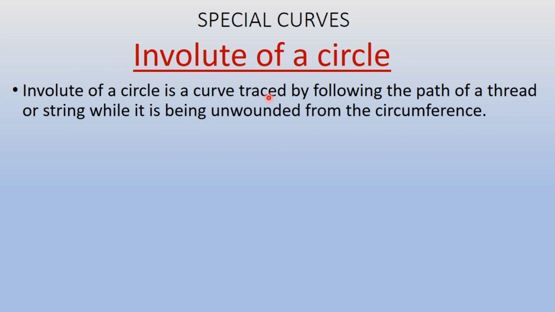So involute of a circle is a curve traced by the path of a thread or string while it is being unwound from the circumference. Imagine a circle and imagine one thread which has been wound over that circle and now is unwound. So the path traced by that thread is going to be our involute of a circle. We will see now.